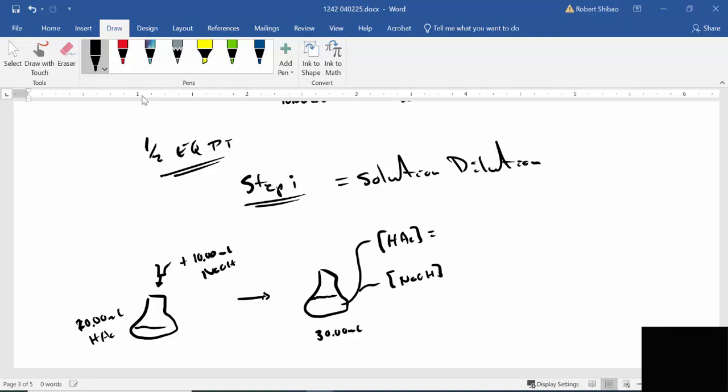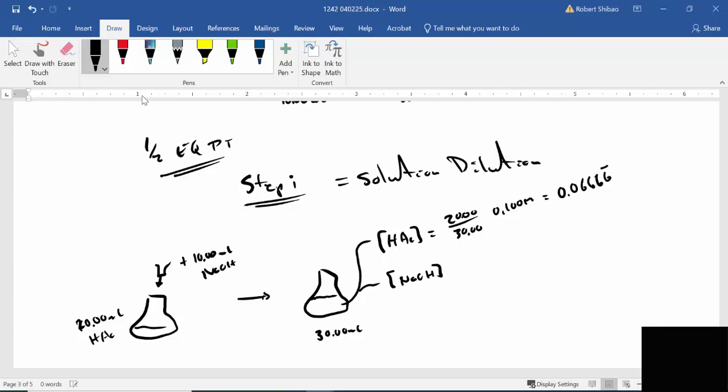So the concentration of the acetic acid is going to be a 20.00 to 30.00 dilution of 0.100 molar. In other words, it's going to be a 2/3 dilution, so it's going to come out to 0.066. We're allowed 3 sig figs here, but I'm not going to round anything. In fact, I'm going to carry extra.